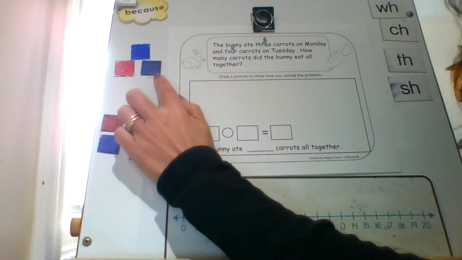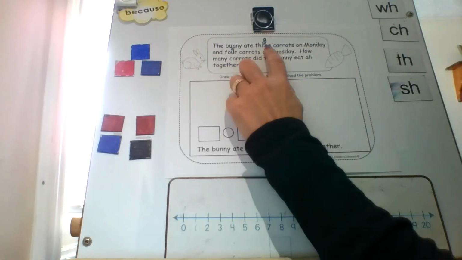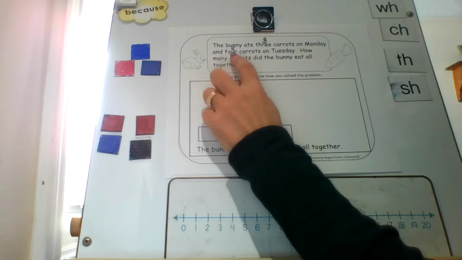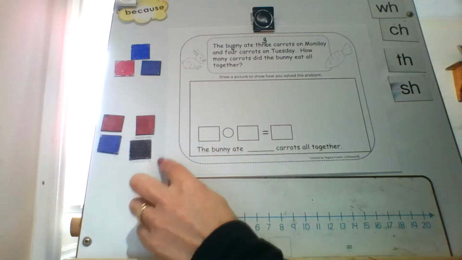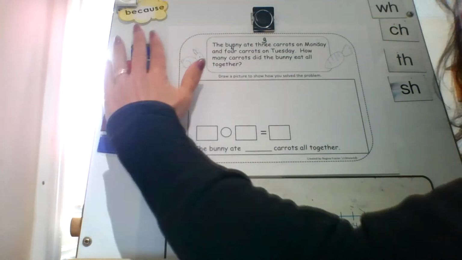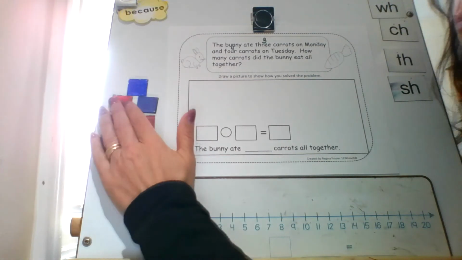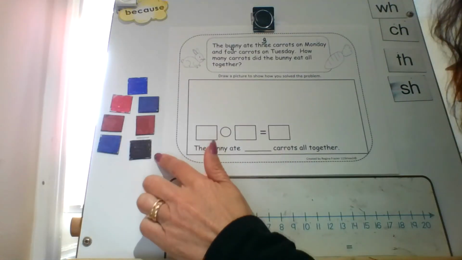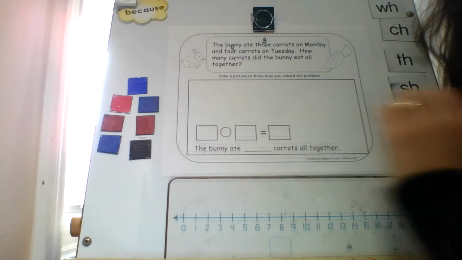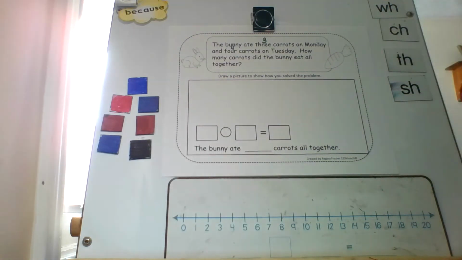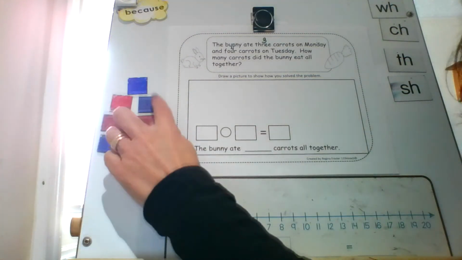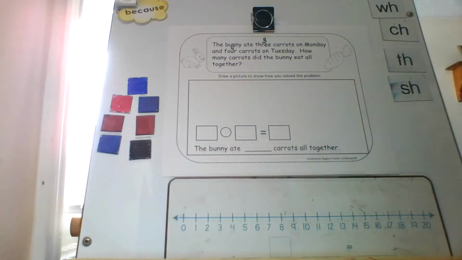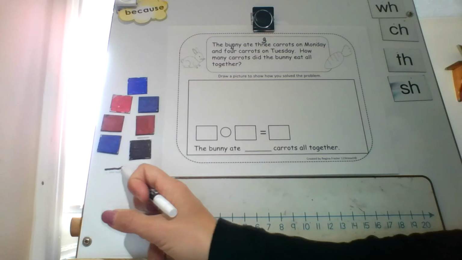So you should have one group that has 3 and one group that has 4. And now when you put them all together and count them, how many did you come up with? Let's see. 1, 2, 3, 4, 5, 6, 7. I came up with 7.